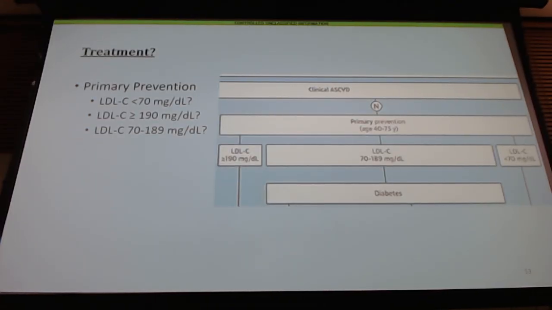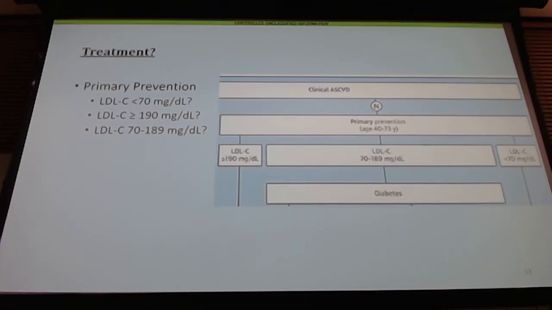So let's first start off with our primary prevention. These are our patients who we're trying to prevent from having that first cardiovascular event. There are a couple of categories that these patients are going to fall into, okay?